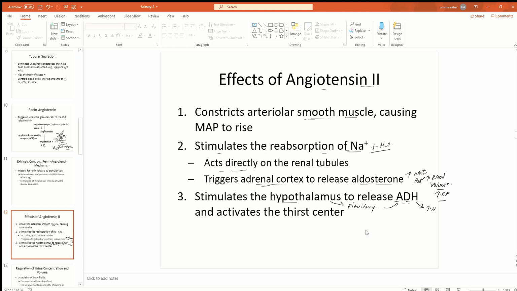Antidiuretic, right? So water will go back to the body, blood volume will go up, and blood pressure will go up. So all these are to increase the blood pressure. All these actions, vasoconstriction, reabsorption of sodium, reabsorption of water, right, by releasing aldosterone from the adrenal cortex, by releasing ADH from the posterior pituitary, by stimulating hypothalamus, all those actions are to increase the blood pressure. Okay.